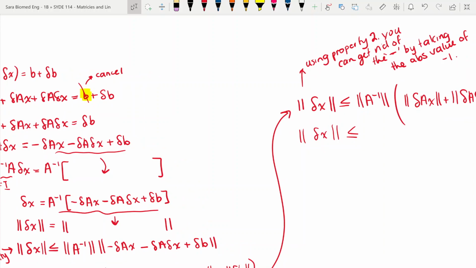It's going to be the norm of A inverse times delta b plus delta A times x, and the second term will be the norm of A inverse times delta A delta x.